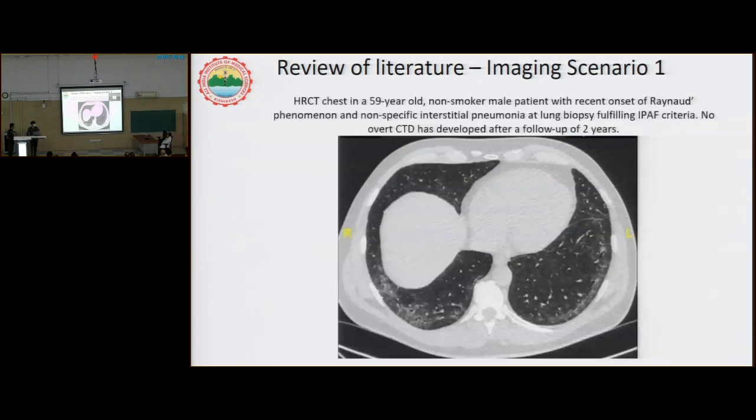The management of such patients basically depends upon how these patients present. Just for a scenario, we have one patient of IPAF who has presented to us with a picture of an NSIP pattern. Such patients usually benefit from immunosuppressive therapy.